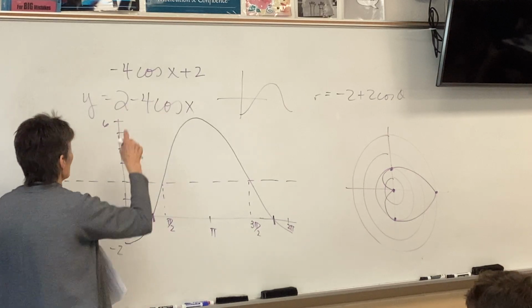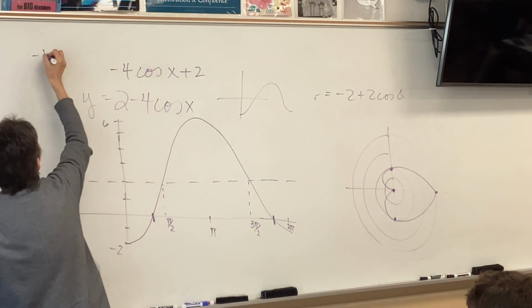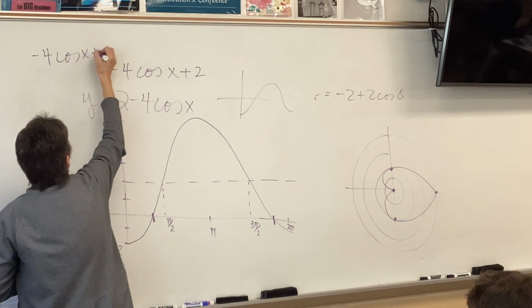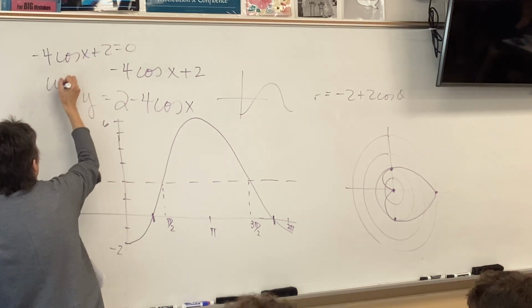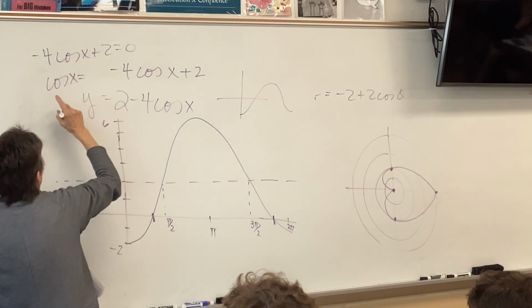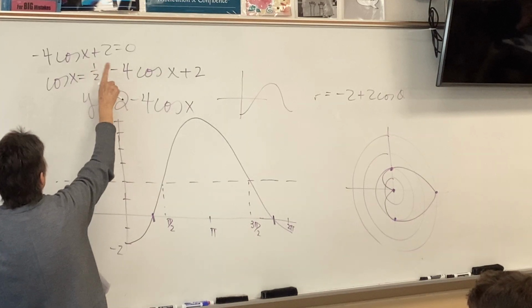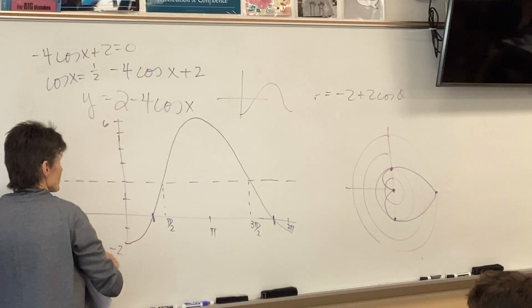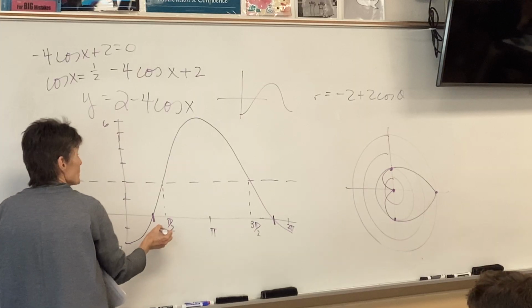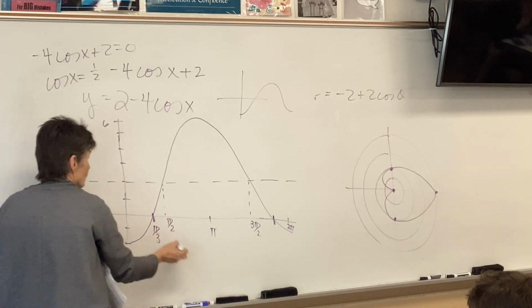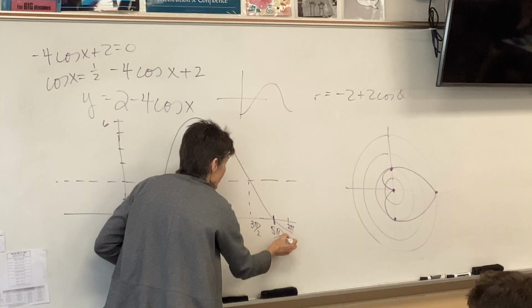So I need to know, where does that thing equal 0? That will be where the cosine is 1/2. Did I do that right? Where is the cosine 1/2? Pi over 3 and 5 pi over 3?